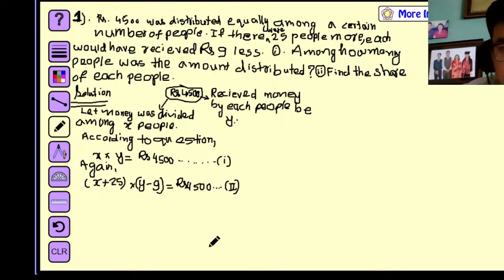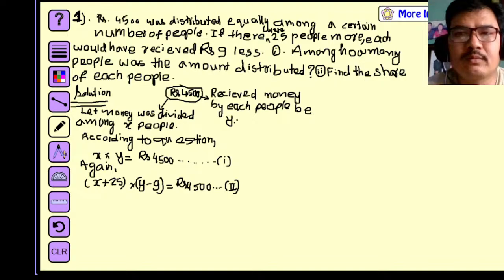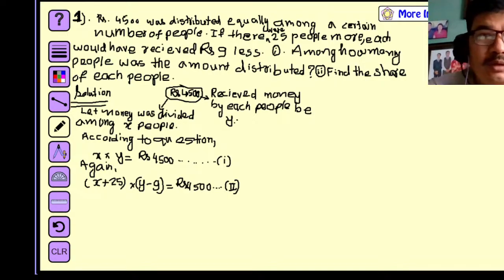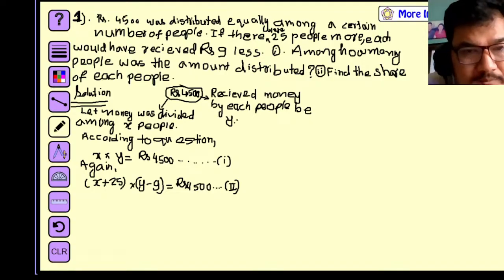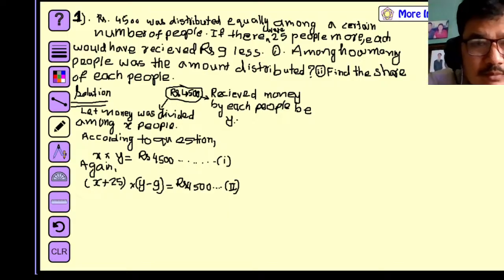Now look here. How to solve this one? Look, I am going to show you step by step.